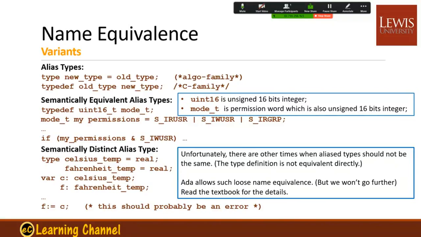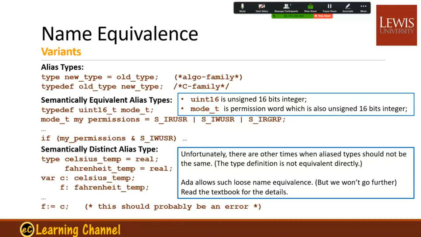Semantically equivalent alias type. We assign type uint16_t with mode_t. This is actually sometimes used for register settings in low level programming. mode_t: we have my permission equals S_IRUSR, S_IWUSR, S_IRGRP.